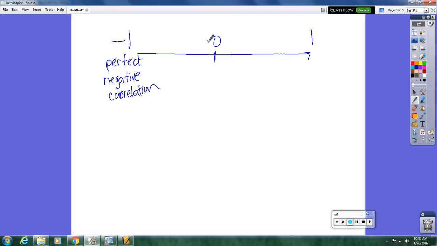Zero is right in the middle. What does 0 mean? Nothing. So would they be correlated at all if they had a 0? No, so this is no correlation whatsoever.